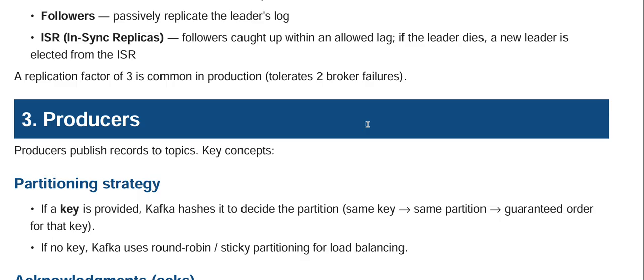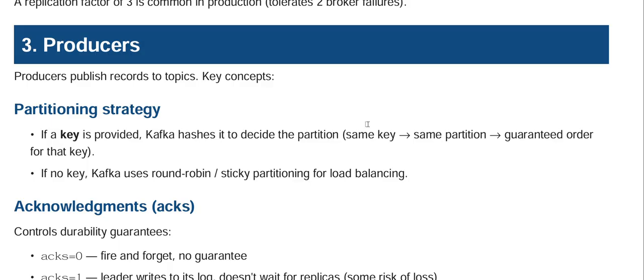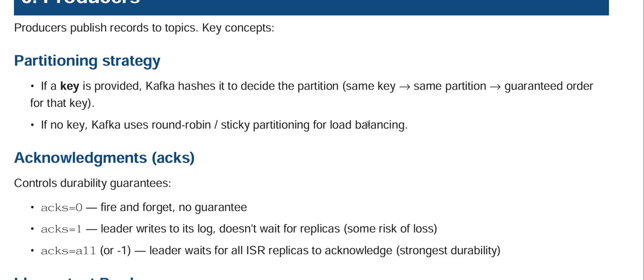Acknowledgement controls durability guarantees: acks=0 is fire and forget with no guarantee. acks=1: the leader writes to its log and does not wait for the replicas, so data can be lost. acks=all: the leader waits for all replicas to acknowledge, giving strong durability.